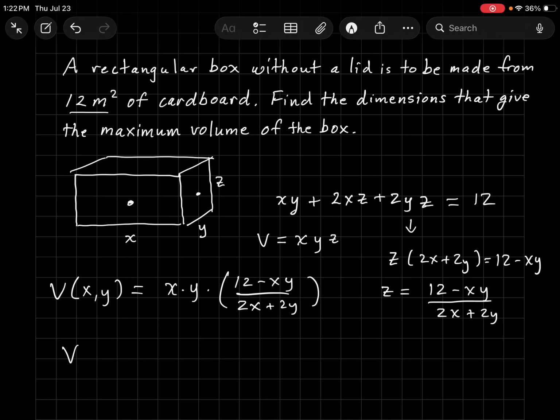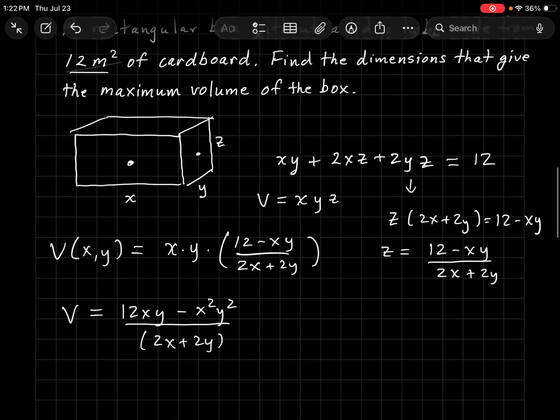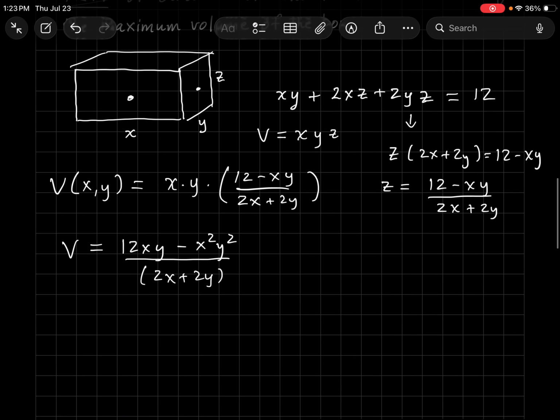Or my volume is 12xy minus x squared y squared all over 2x plus 2y. So now we need to find our partial derivatives.